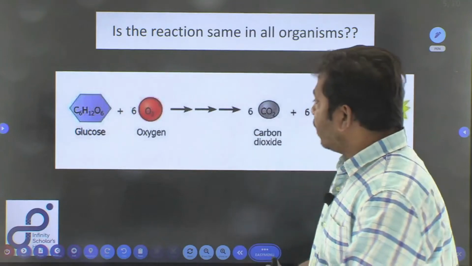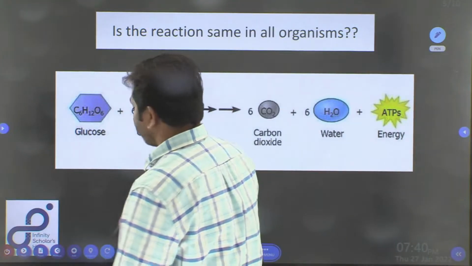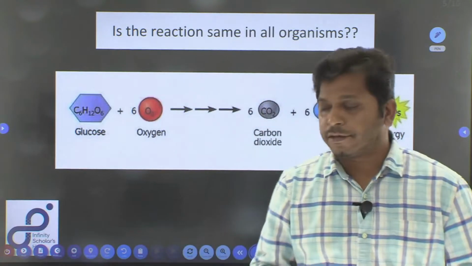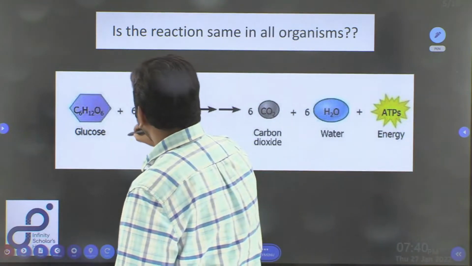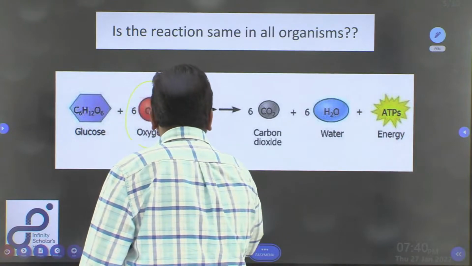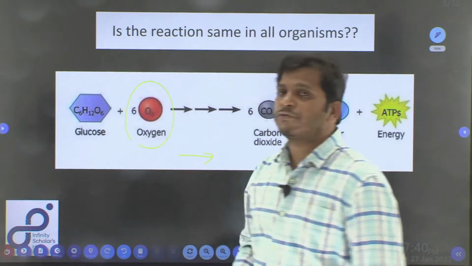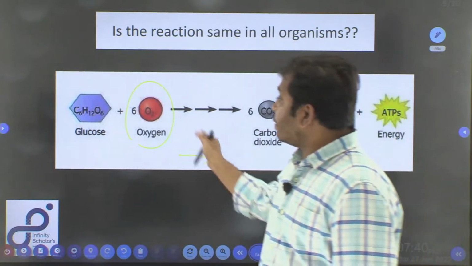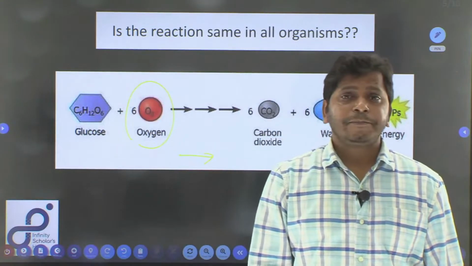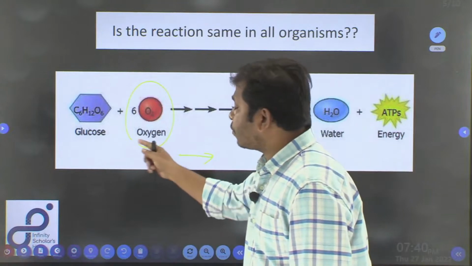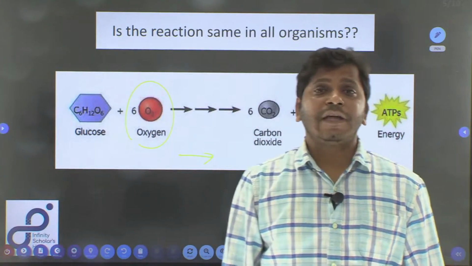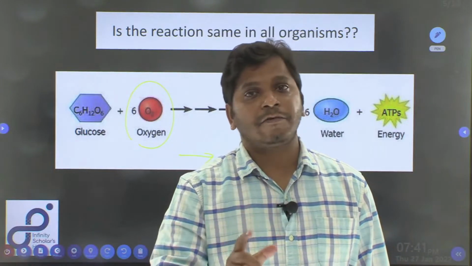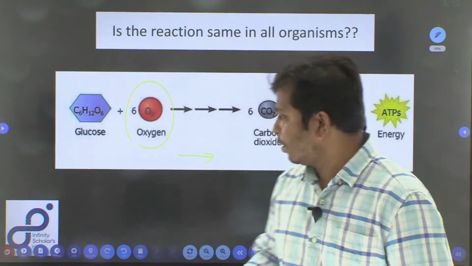The aerobic organisms require molecular oxygen for respiration, so in those organisms this pathway is followed, where oxygen is used for the oxidation reaction. Whereas in other organisms, oxygen is not used, so that process does not lead to complete breakdown of glucose. Please remember this.